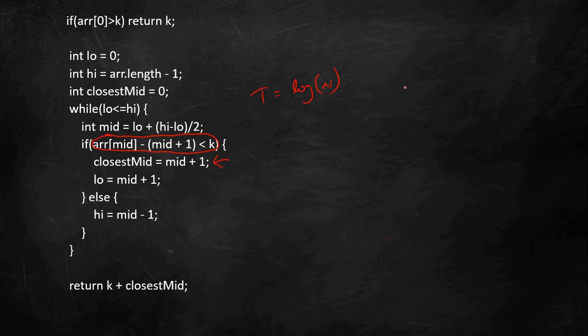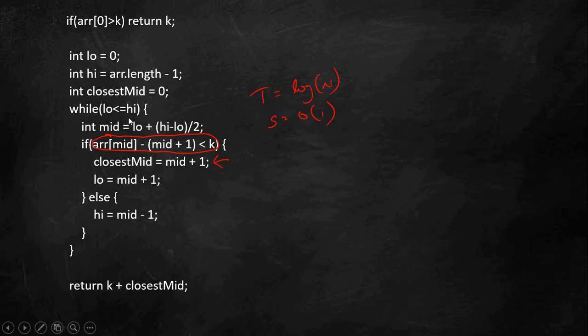My time complexity becomes log of n, and space is again the same, O of 1. Once we are done with this while loop, my closest mid value will give the total number of missing values in that range, and I just need to add that to the k value, and that will give me the kth missing number.